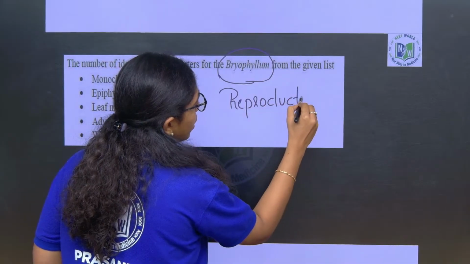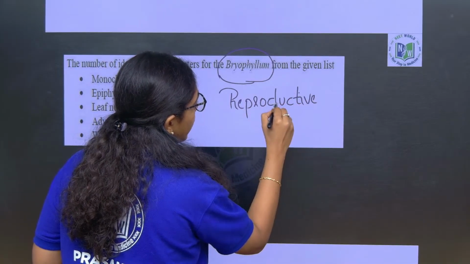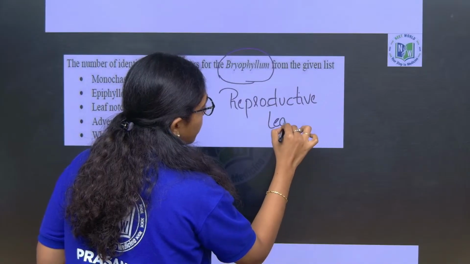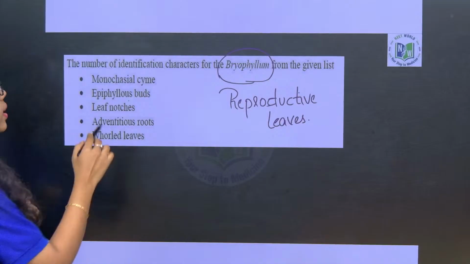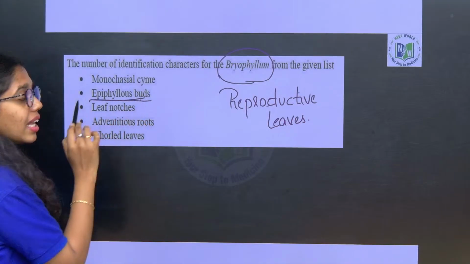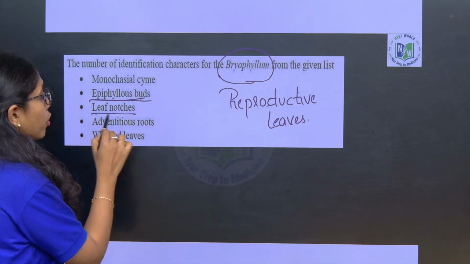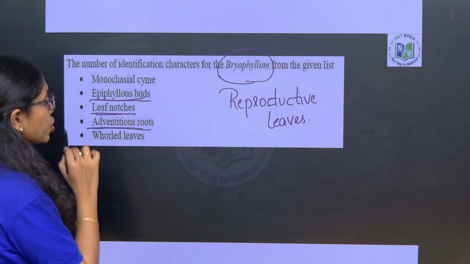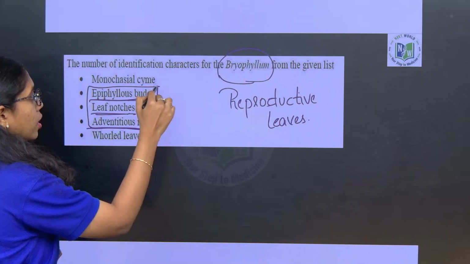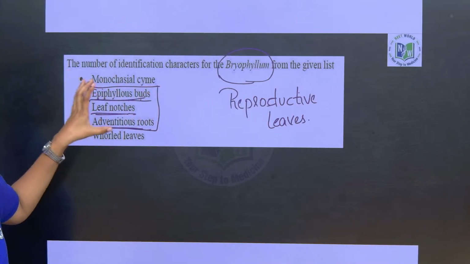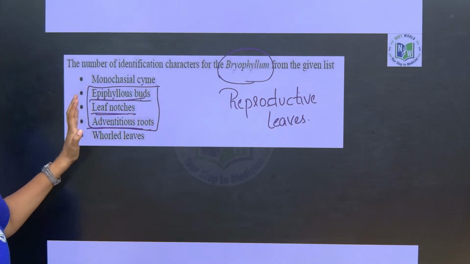They are having reproductive leaves, which means it is having what type of buds? Epiphyllous buds, and leaf notches are present, adventitious roots are present. So, these are the three identification characters of Bryophyllum. Do remember that.